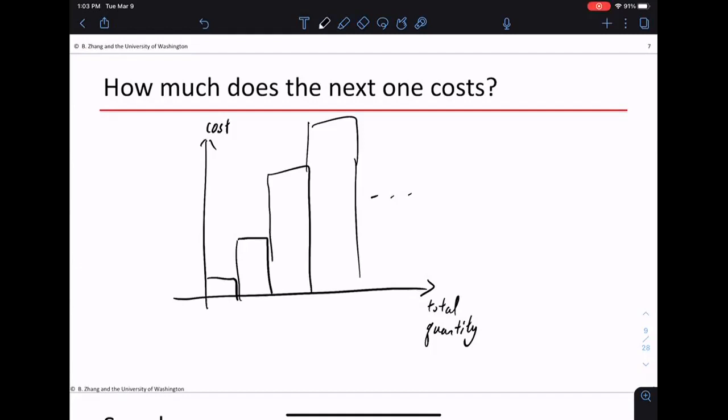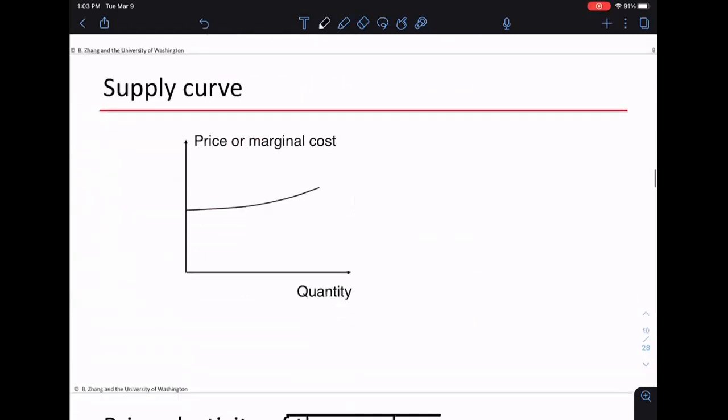If you look at the supply curve, it's normally something like this. As the price goes up, the quantity goes up. So it's more and more expensive to supply something. And again, the important thing to remember is that there is no fixed cost.